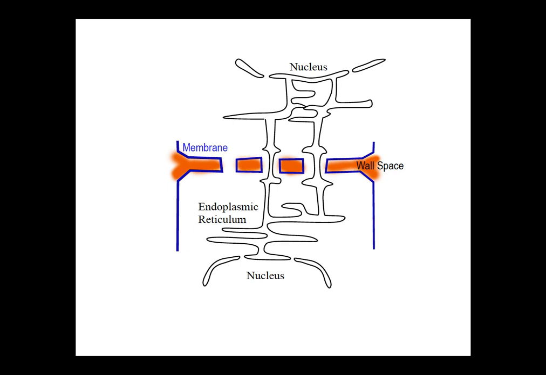Now, this connection between adjacent cells is so profound that some plant biologists argue that there is no such thing as separate plant cells. They're just a continuous structure with some interference in the middle of them, akin to, say, having a tennis racket in the middle of a fountain of water.